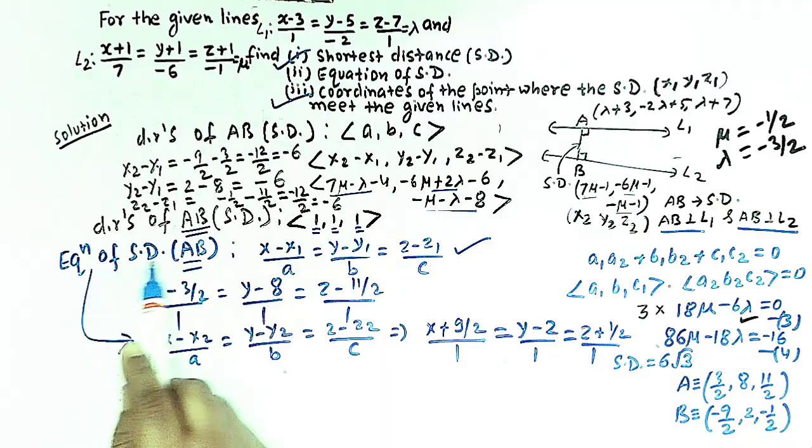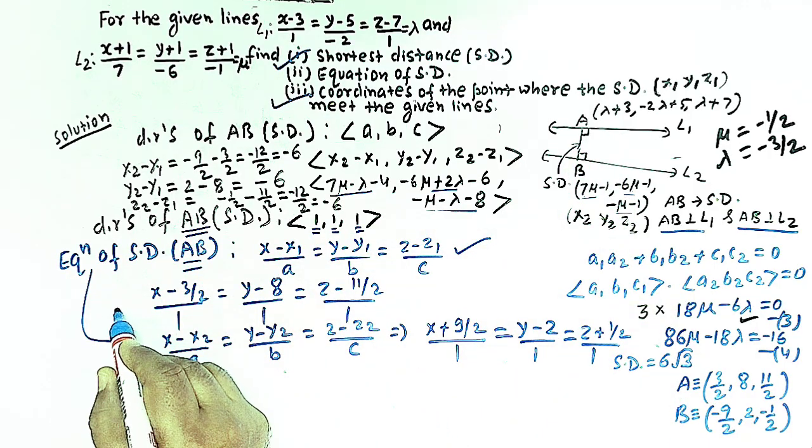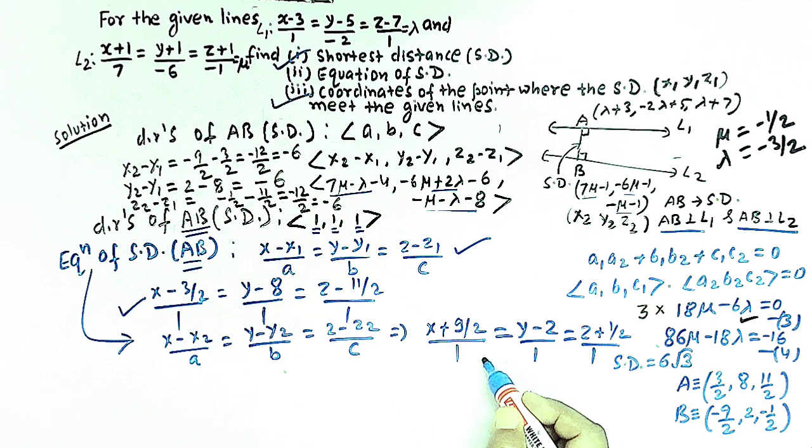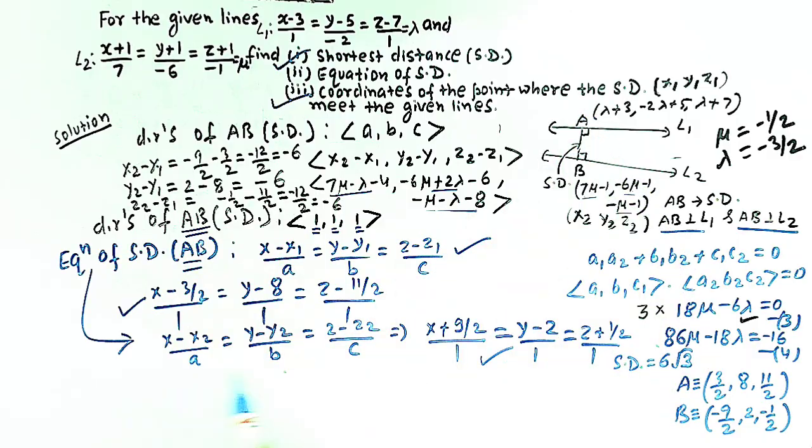So the equation of the line of shortest distance AB can be written like this, or it may be written like this. This equation is formed using the point A, and this equation is formed using the point B. So this is how we can find out the equation of the line of shortest distance.